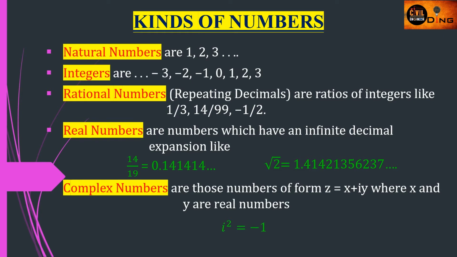Ito yung kumbaga imaginary number, like i squared is equal to -1. Naging imaginary number ito kasi lahat ng integers, positive or negative man yan, pag na-squared natin ito, ang sagot lagi ay positive. Sa kasong ito, -1 yung sagot, kaya ito ay imaginary. Kaya ito ay naayon sa complex numbers.